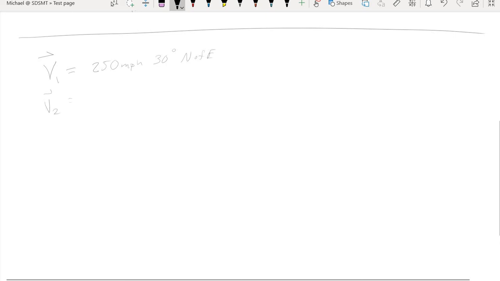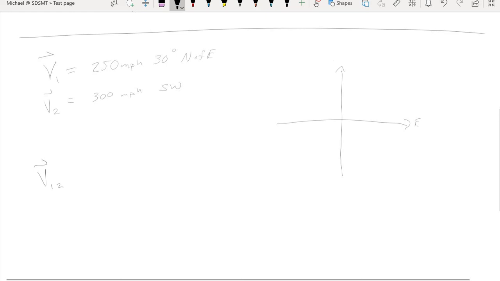And plane 2 will have a velocity of 300 miles per hour to the southwest. And I would like to know what is the velocity of plane 1 with respect to plane 2. If it helps, go ahead and draw the vectors.